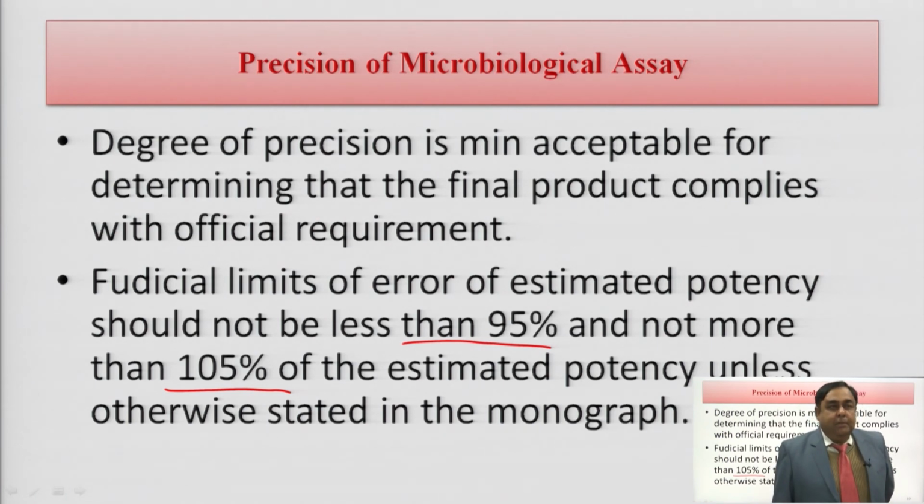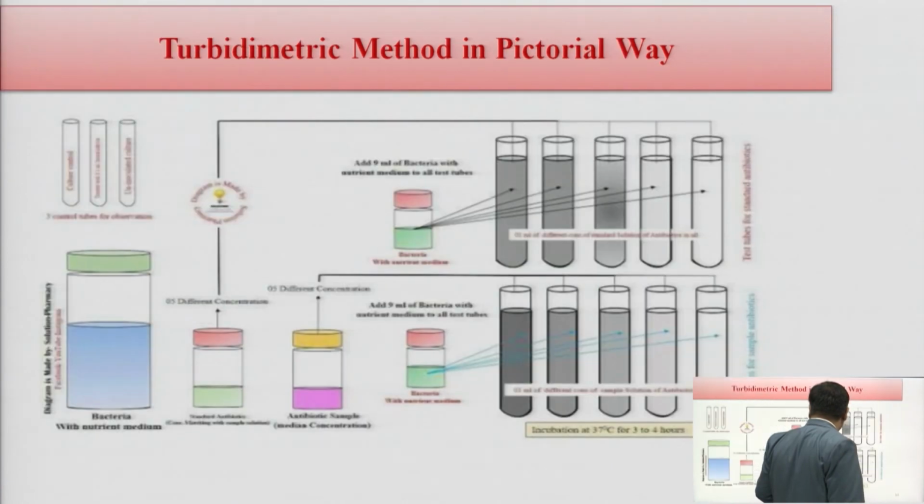The fiducial limits for error of estimated potency should not be less than 95% or more than 105%, which is stated in the monograph. This is the pictorial representation of the process which we just now discussed.